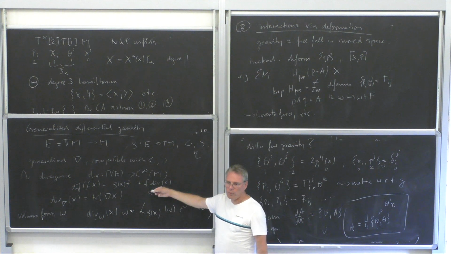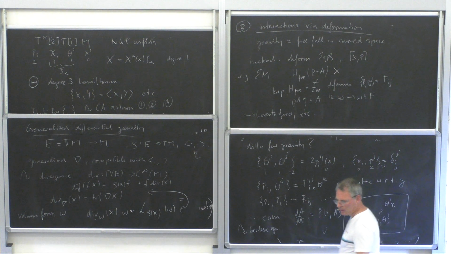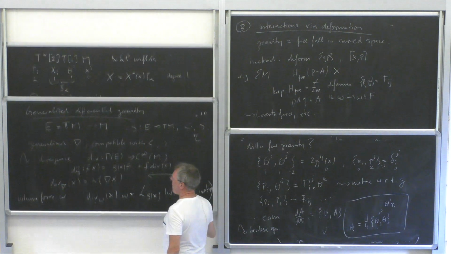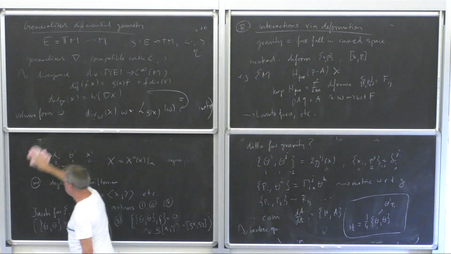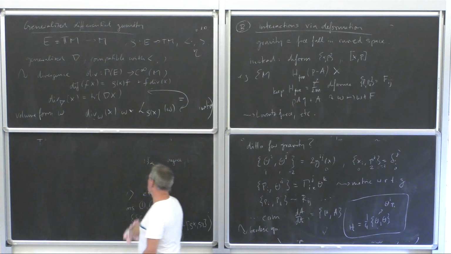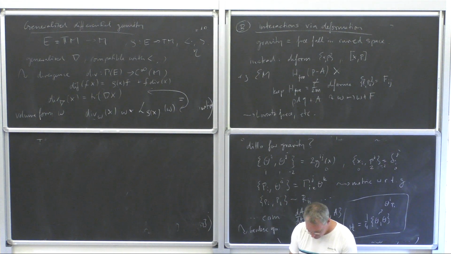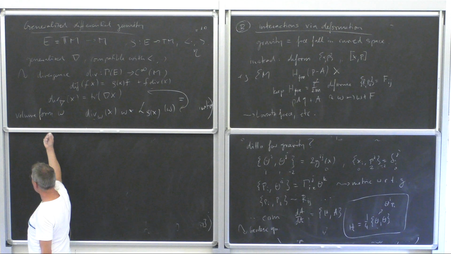So given the volume form, you want connections that also satisfy that. But then you can try to introduce further structure, like torsion, curvature, etc.